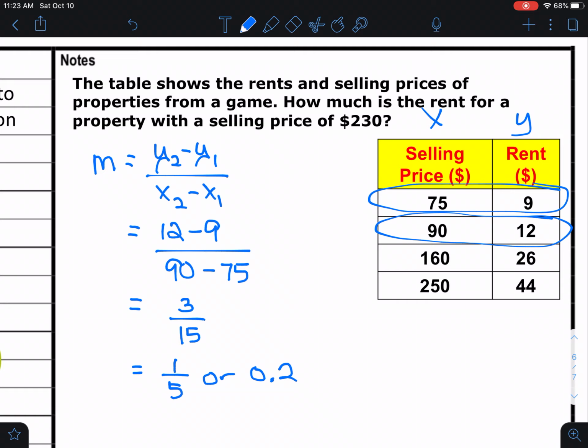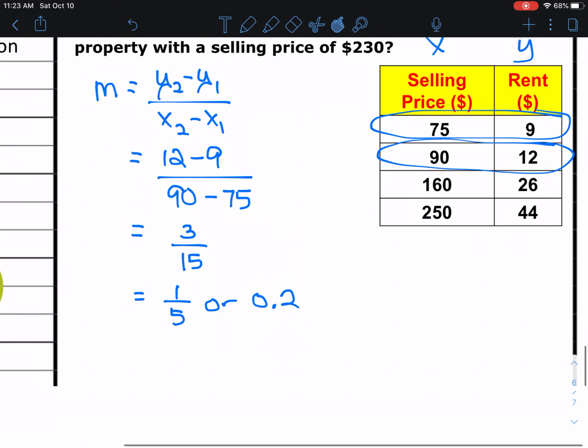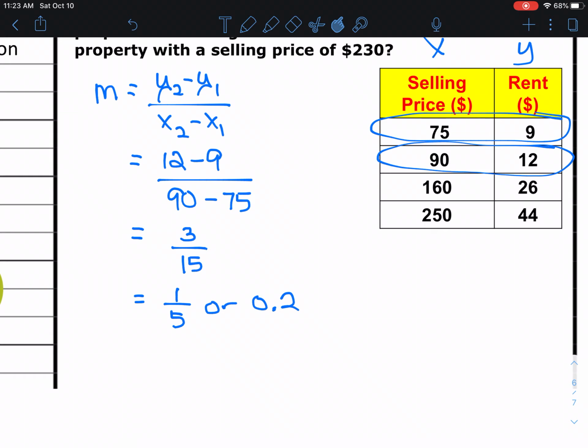Okay, so now we've got our slope. We still need our y-intercept to be able to use this, so we're going to have to figure that out. So I'm going to write y equals 1/5 x plus b.